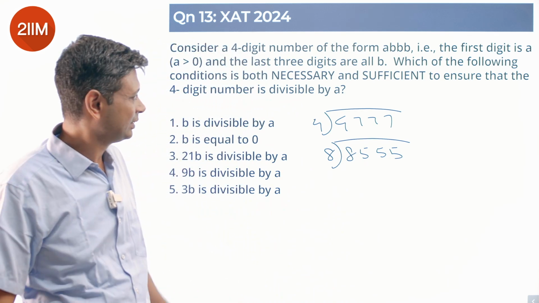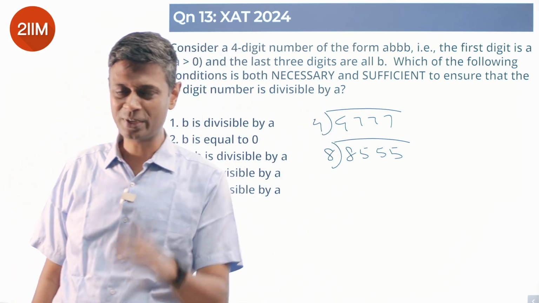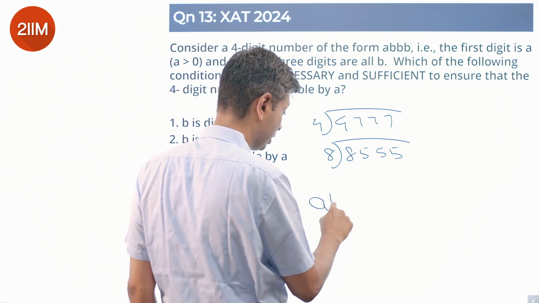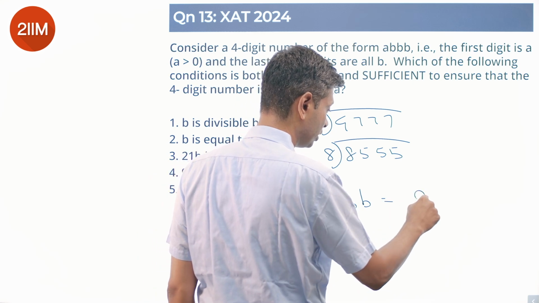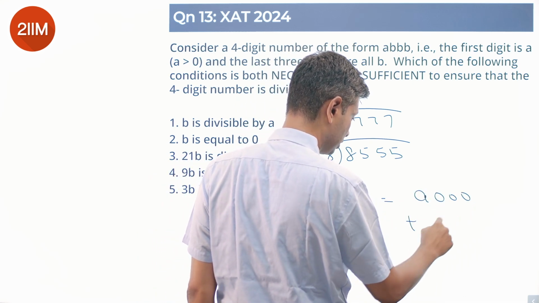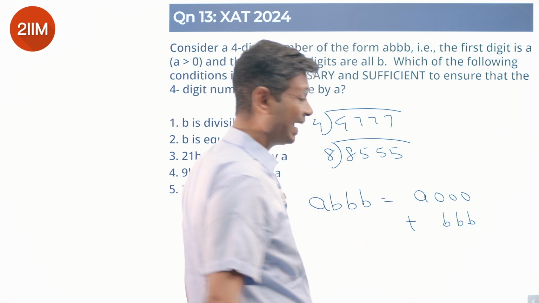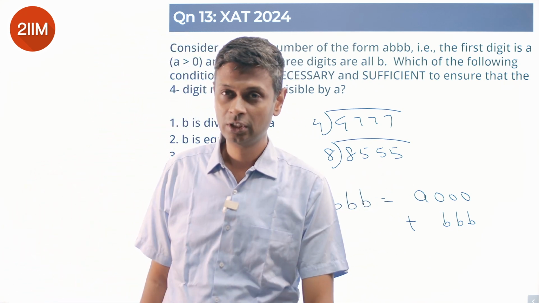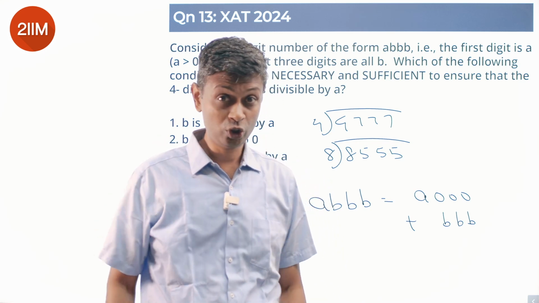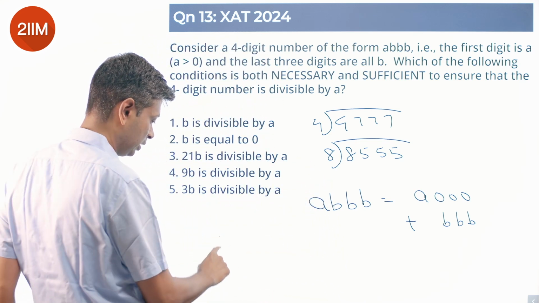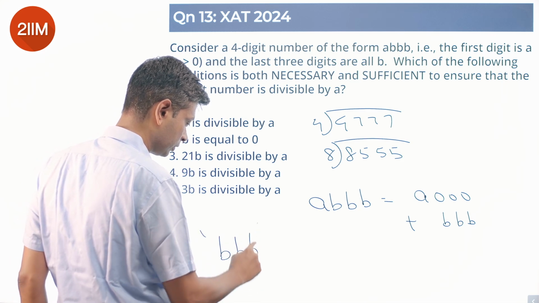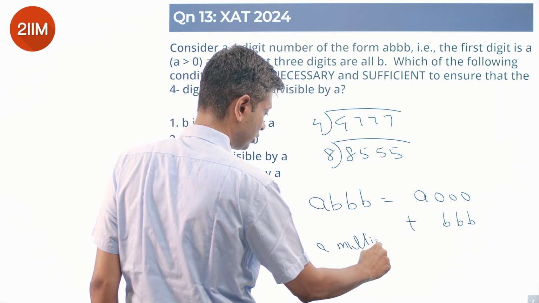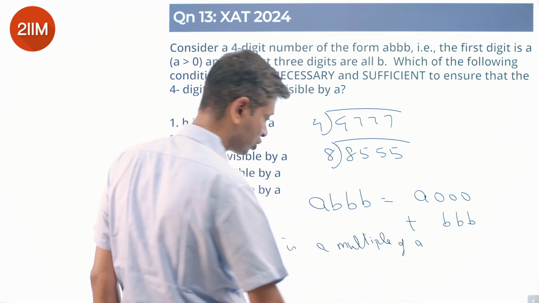And so, in this case it is not. It's a beautiful question because A triple B can be broken as A000 plus BBB. A000 is definitely a multiple of A. This is 1000A. 1000A is a multiple of A. So this question boils down to whether triple B is a multiple of A. What are the conditions necessary and sufficient for this to be true?